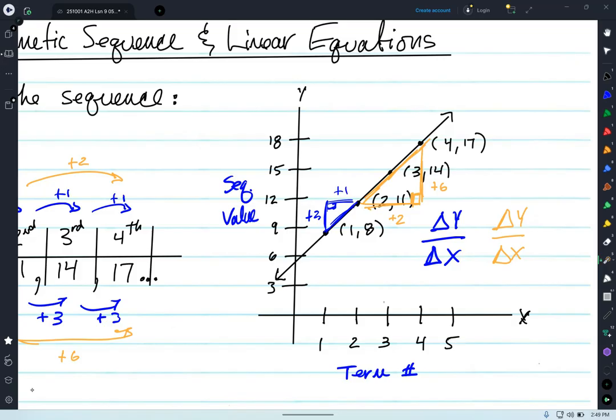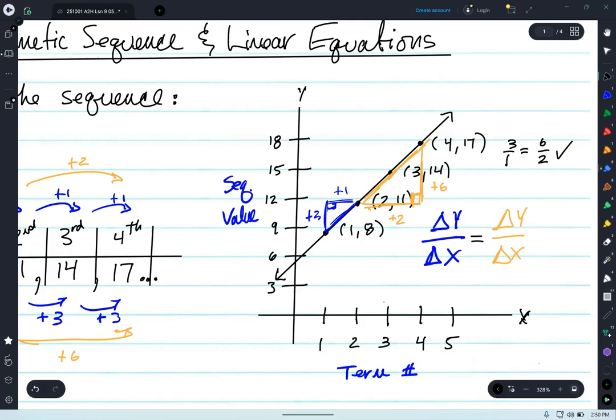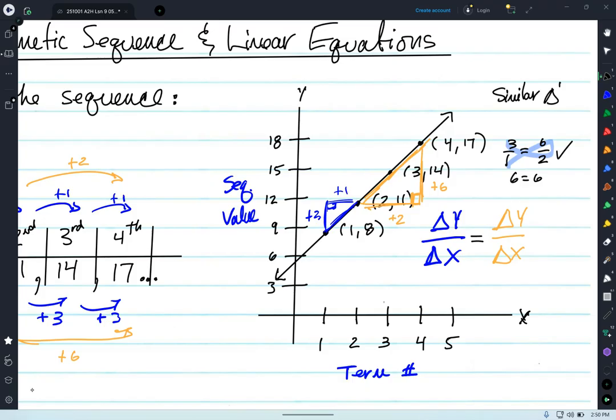In order to use side, angle, side similarity, we had to have the common angle in between the 2 sides, and the ratio of the 2 sides had to be proportional. Now, is that true? Is the change in y, 3 over 1, the same as the change in y, 6 over 2? We know that because we can cross multiply, and we end up getting 6 equals 6, and so we do in fact have similar triangles.